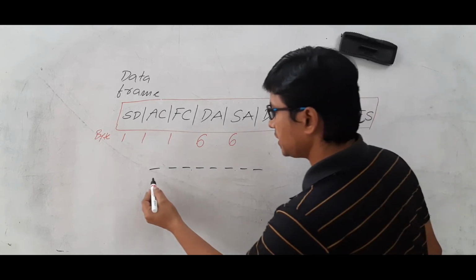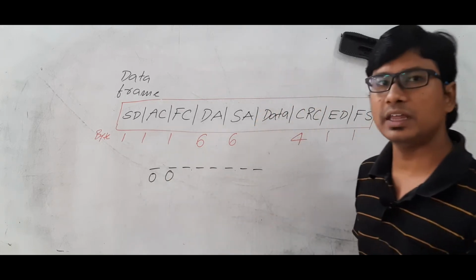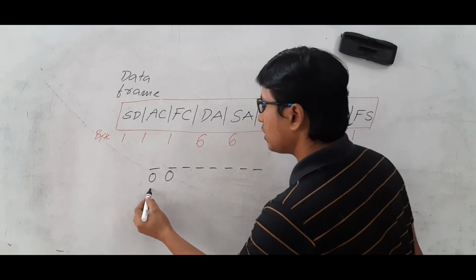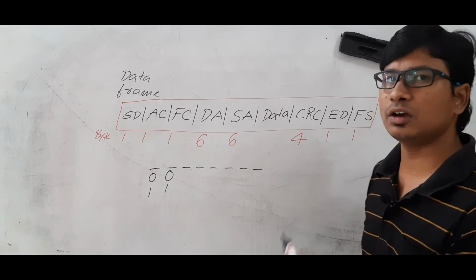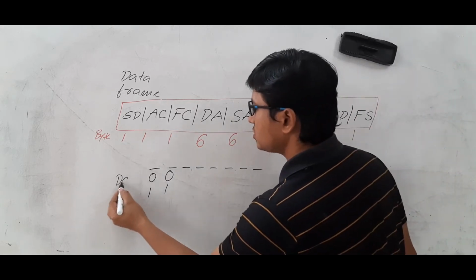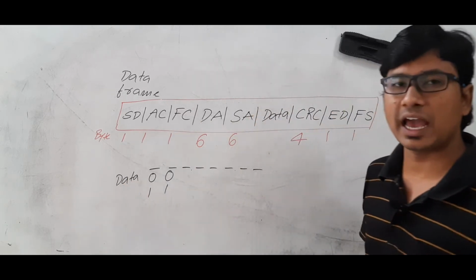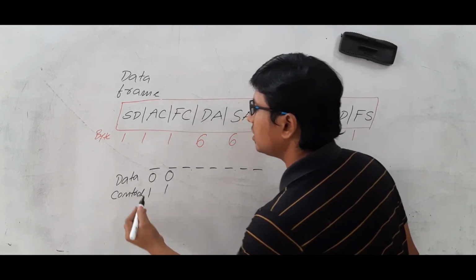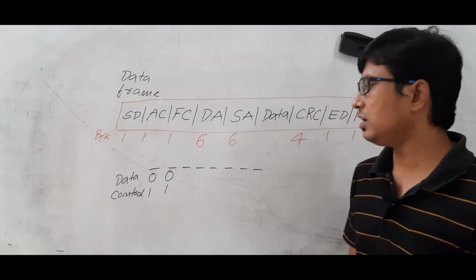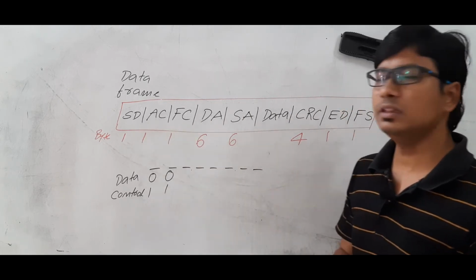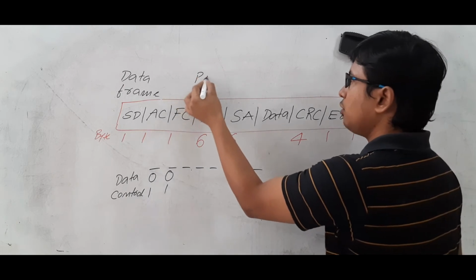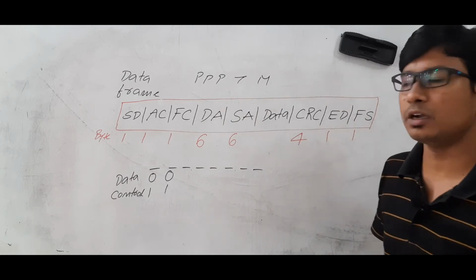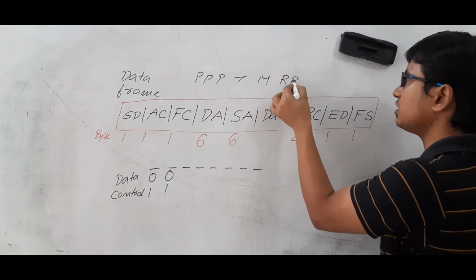So the first 2 bits, if it is 0, 0, then I can say that this is carrying the data. If it is 1, 1, I can say that it is carrying the control fields. Okay, are you able to understand? Because in the access control, we have PPP for priority, T and M for token and monitor bits, and 3 R for reservation.